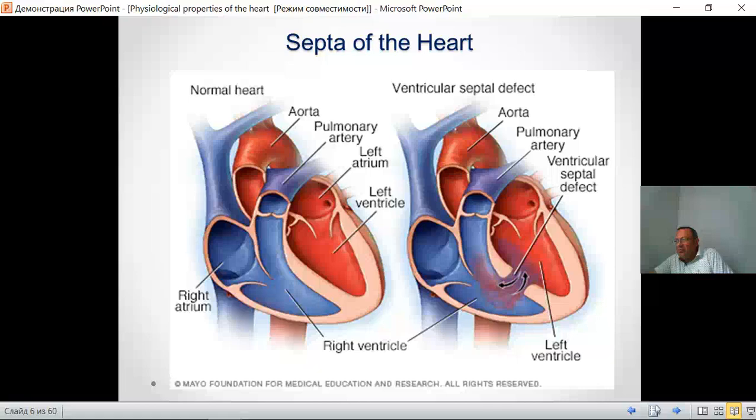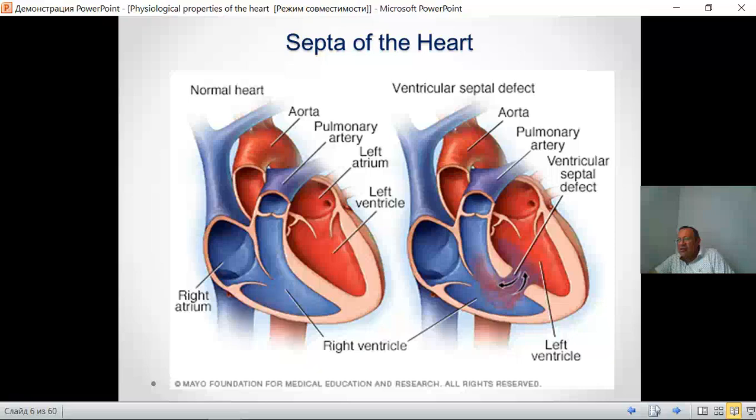The septum between the atria and ventricles is known as the atrioventricular septum. It's marked by the presence of four openings that allow blood to move from the atria into the ventricles and from the ventricles into the pulmonary trunk and aorta.